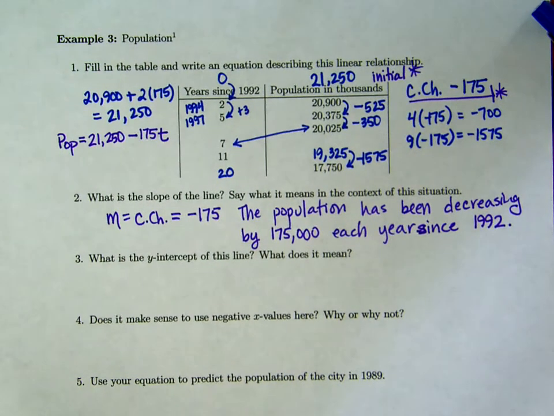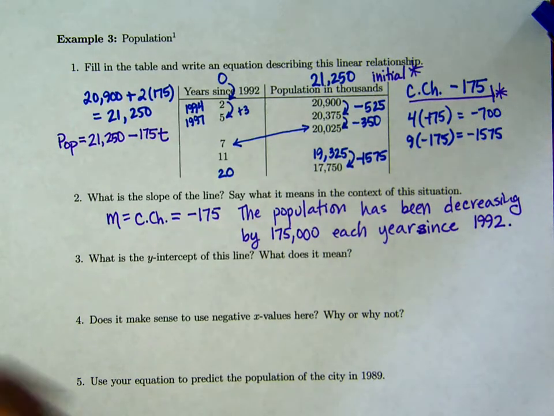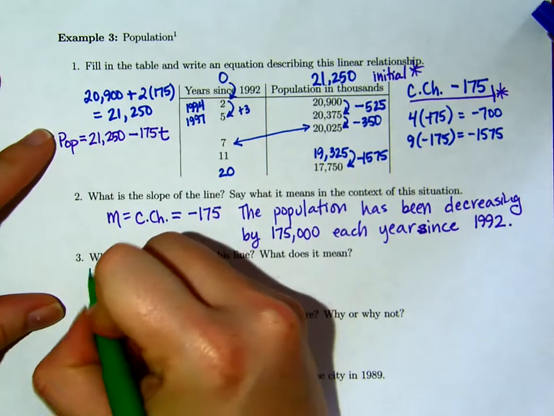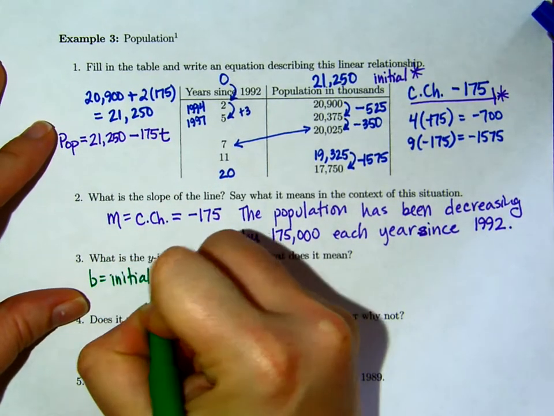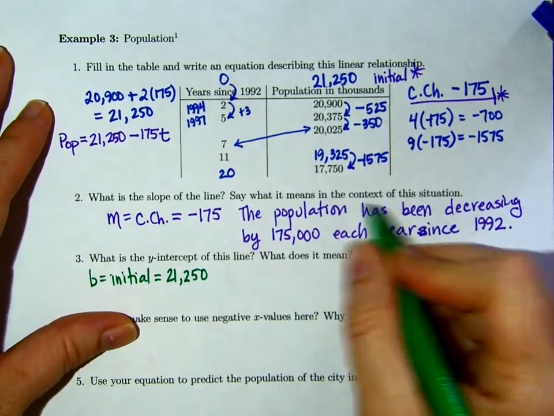What is the y-intercept of this line, and what does it mean? Well, the y-intercept, remember, is the initial. So b equals the initial is equal to 21,250. Say what it means.